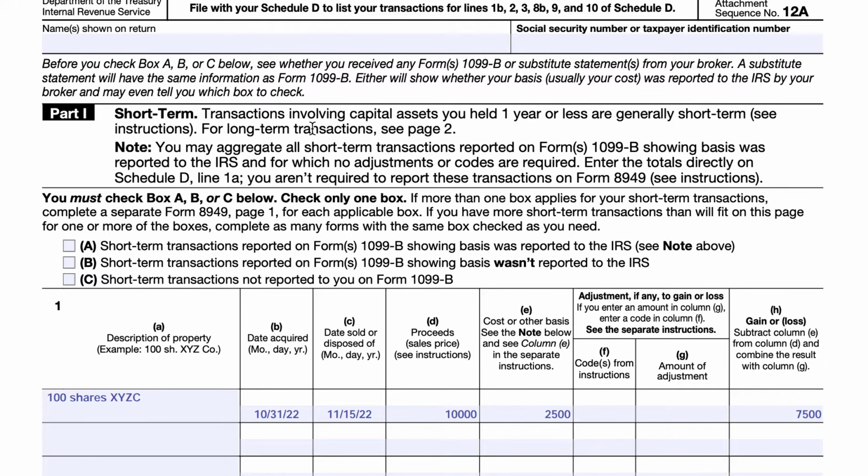So if you have a significant number of sales, or a significant transaction like the sale of a business or an interest in a business, then you may need to discuss the construction of your basis with your accountant or your tax preparer.